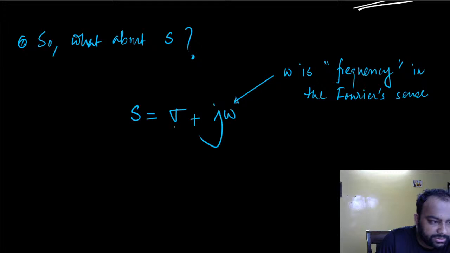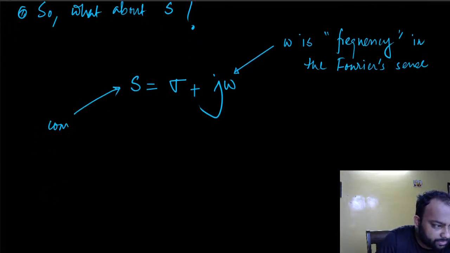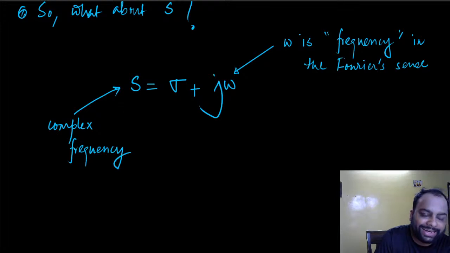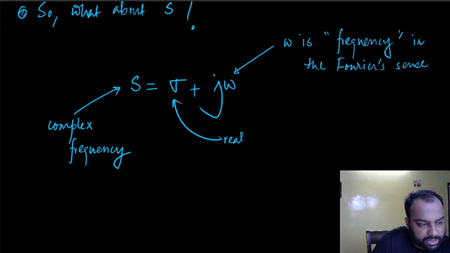So sigma also has to be frequency, because if omega has a unit of radian per second, then sigma also has a unit of radian per second, and then s also has a unit of radian per second. So all these terms are frequencies. This term is known as a complex frequency, or frequency in Laplace's sense, and this is the real part.